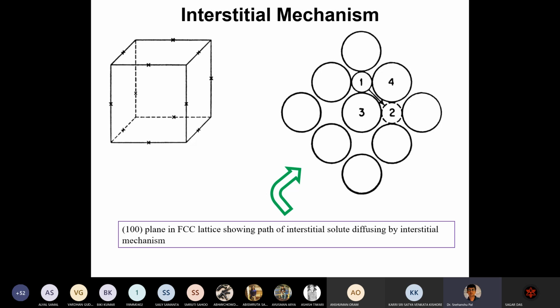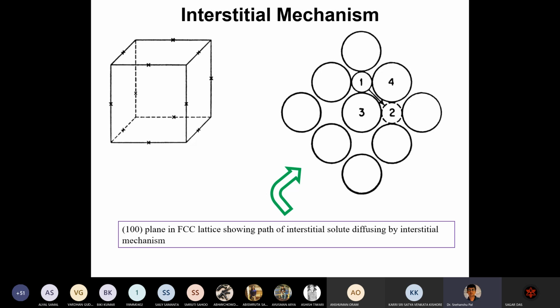If you check the interstitial mechanism, an atom is said to diffuse by interstitial mechanism when it passes from one interstitial site to one of its nearest neighbor interstitial sites without permanently displacing any of the matrix atoms.